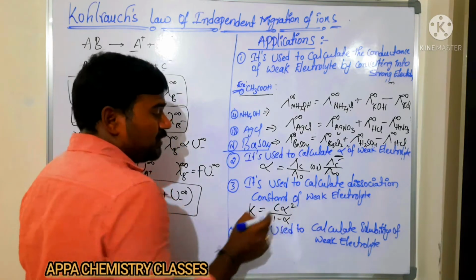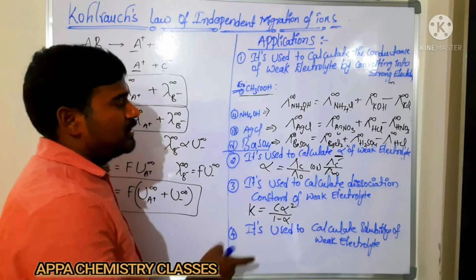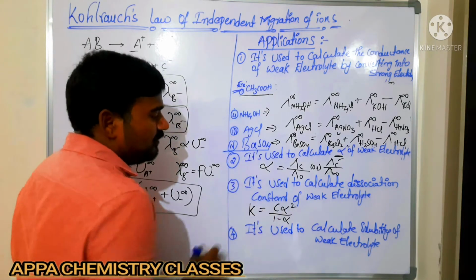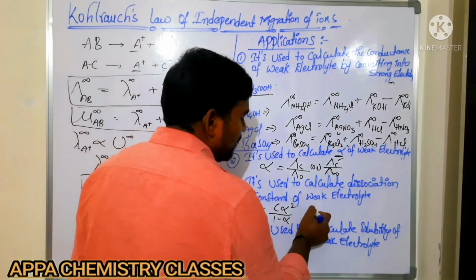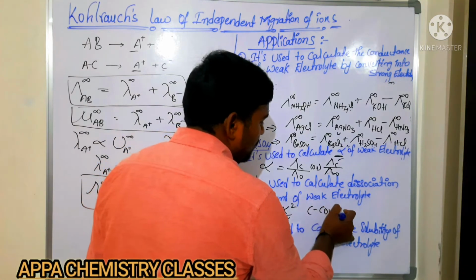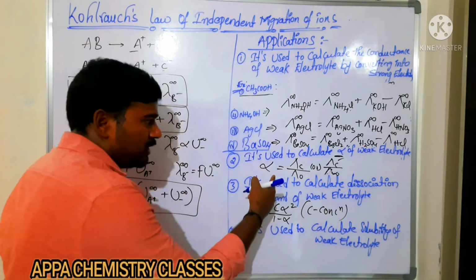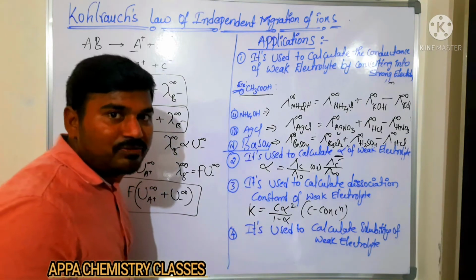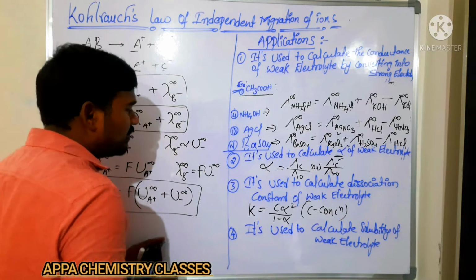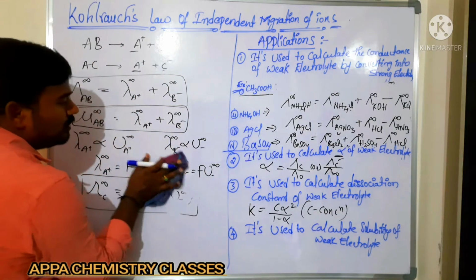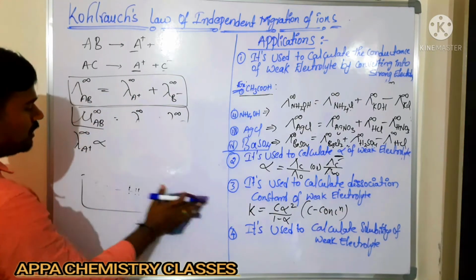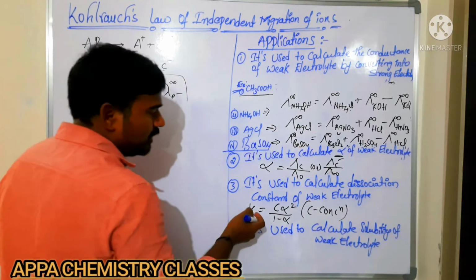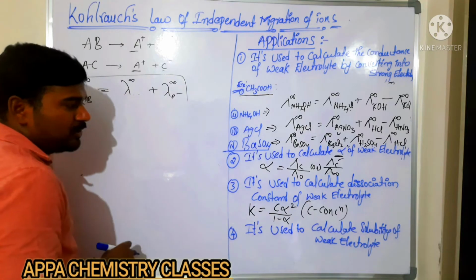We know the alpha value. By finding that alpha, and substituting here, C is the concentration. By knowing that alpha value, if you substitute here, we can get the dissociation constant of the weak electrolyte, or not? Yes, we can get. So that is how we can calculate the dissociation constant of a weak electrolyte by using Ostwald's law. That is the third application, which is very, very important.